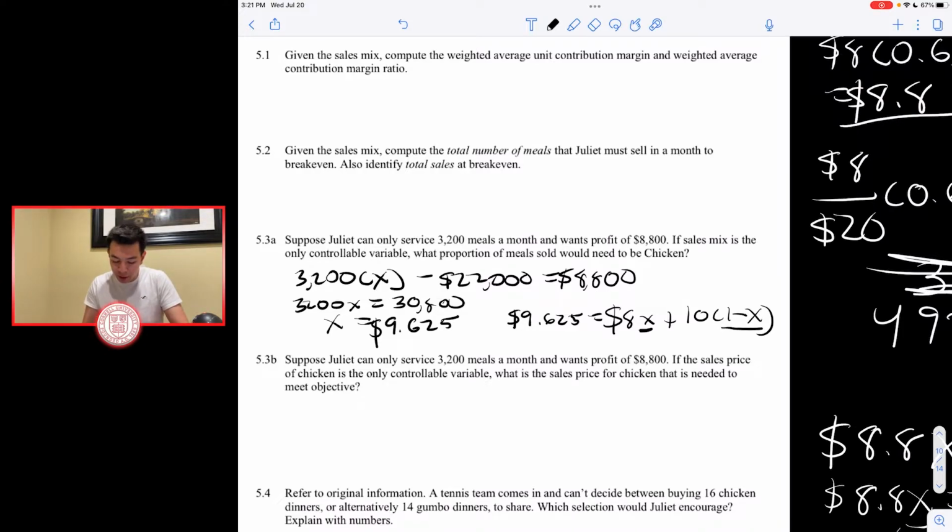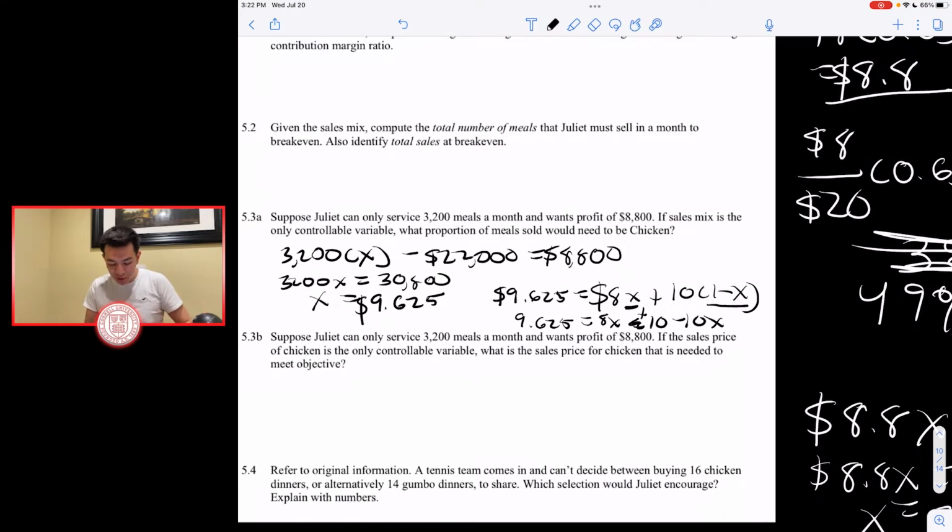To multiply this out, we get 8X plus 10 minus 10X equals 9.625. Then, 9.625 minus 10 equals negative 0.375, equals negative 2X, so 2X equals 0.375, and X equals 18.75%.